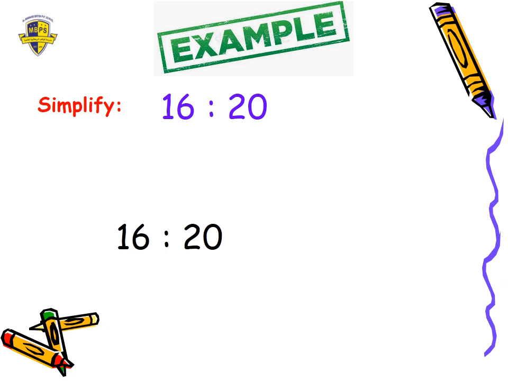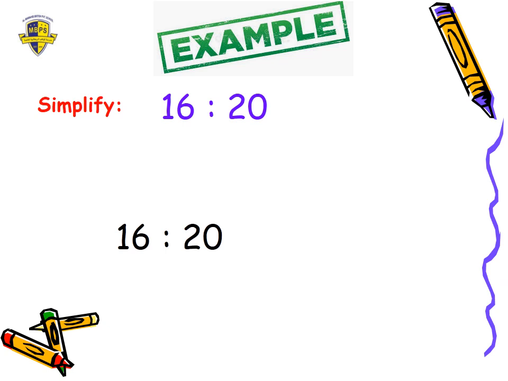Okay, let's solve another example. We want to simplify 16 to 20. So first we have to think of a number we can divide both 16 and 20 by. Who can tell me a number? Good, 2. But there is a number bigger than 2. We want to think of the highest number we can divide 16 and 20 by together. Good, 4.